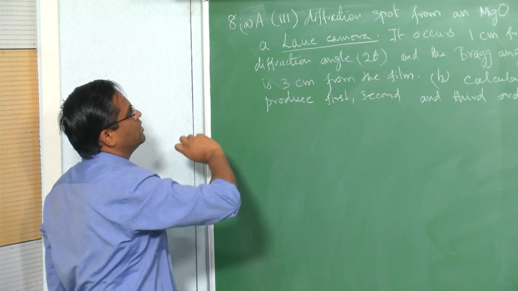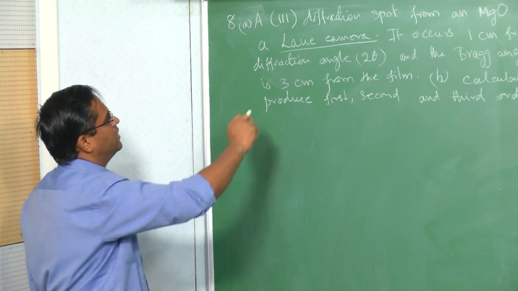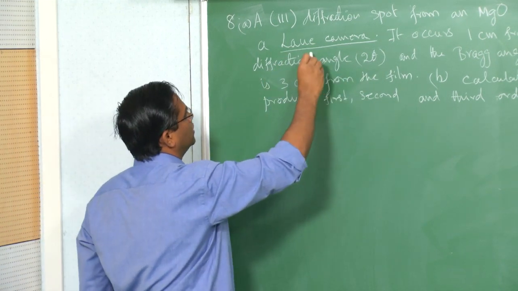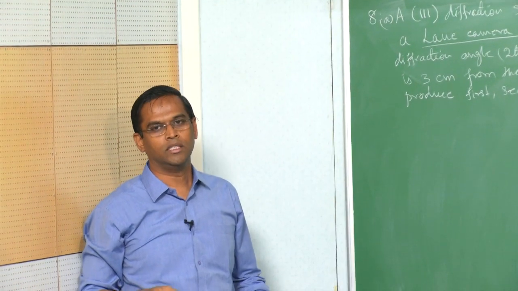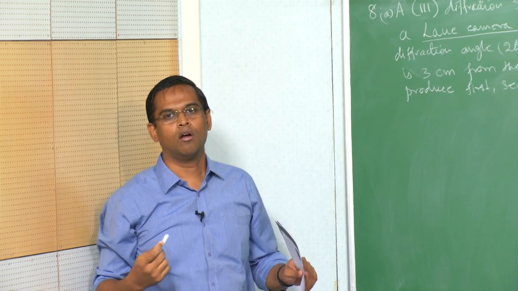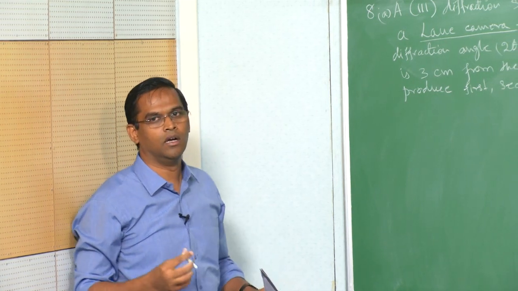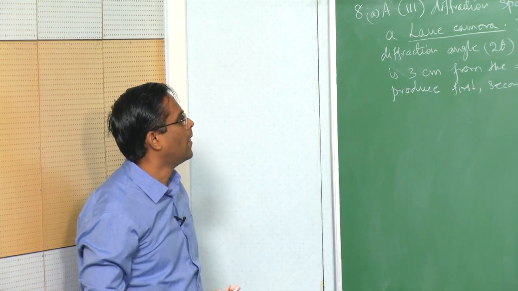The first part of the question says it produces the diffraction spot using the Laue camera. That means you have an X-ray source which has a range of wavelengths, not a constant wavelength. That is the information you have to keep in mind.